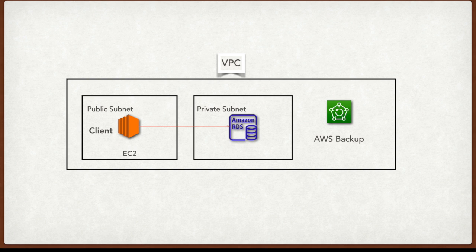Then we'll see how we can connect to the database from the EC2 instance. I'll show you the steps for doing that, and EC2 will work as a client for us. Then we are going to use the AWS Backup service to take a backup of the database and restore it when needed. So let's jump into the management console and see it ourselves.